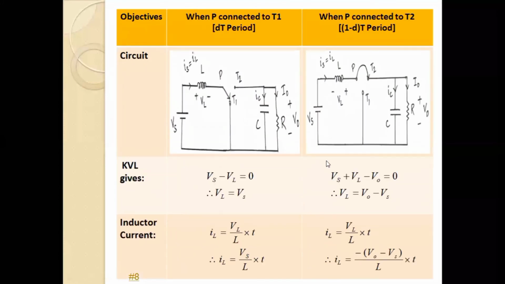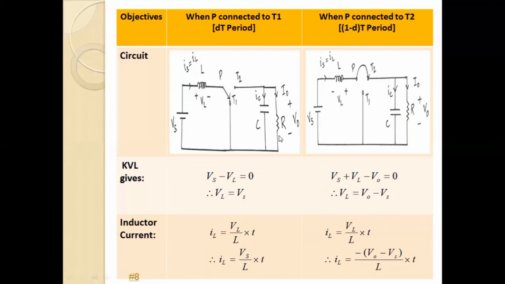Now, if you look at this figure again, I need to find out the average current of the inductor. Now, in this circuit, when the inductor is connected, Is flows through the inductor, I naught doesn't flow. In this circuit, when the inductor is connected, both Is and I naught are flowing, but we have to take the common thing. In both these cases, Is is one constant average current that flows through the inductor. Over here also Is, over here also Is.